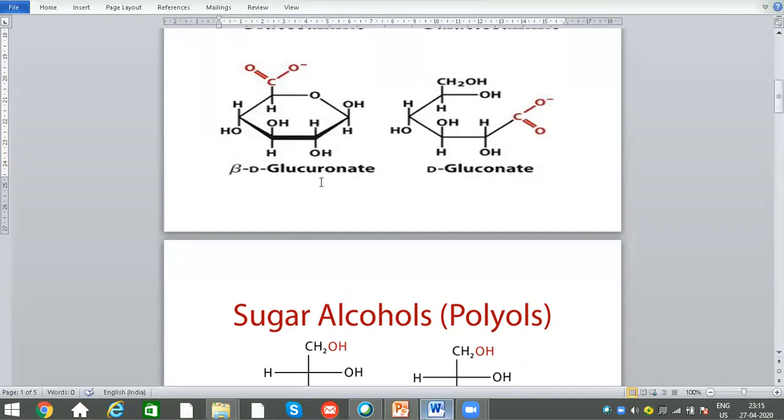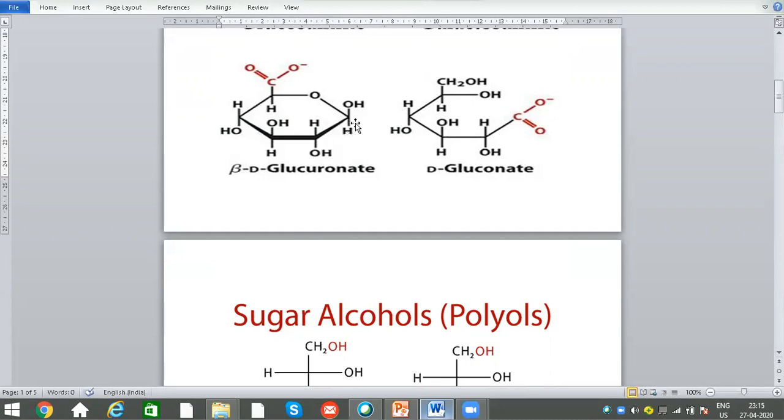Acid sugars are sugars which contain an acid functional group. Examples are beta D glucuronate and D glucuronate. Here the glucuronate is in the beta position. That means the carboxyl group is going in the upward direction, and the hydroxyl group at this carbon is also going upward.